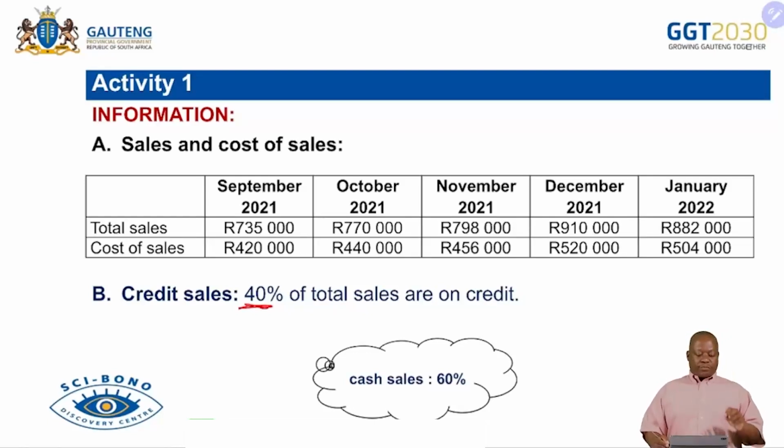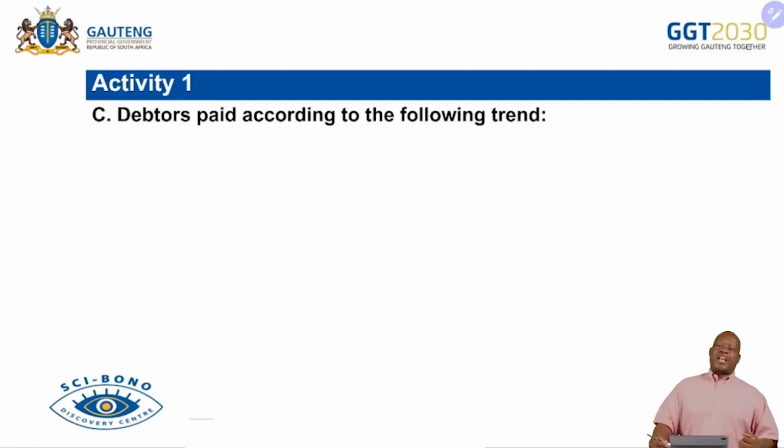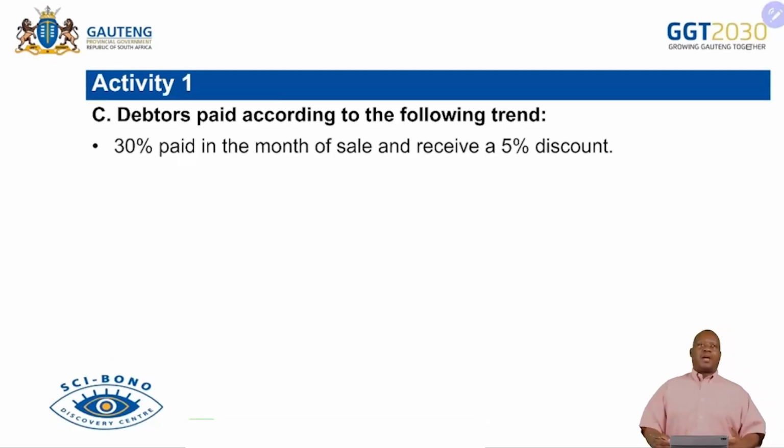Now, let's check the additional information given. Whenever we are dealing with collection from debtors, history comes into play. From what we have been doing in previous years, how have we been collecting from our debtors? Is there a uniform way in which we have been collecting, so that we can apply it and expect, okay, if 20% of our debtors have been paying us in the month of sale, then let's hope that's what's coming as we go.